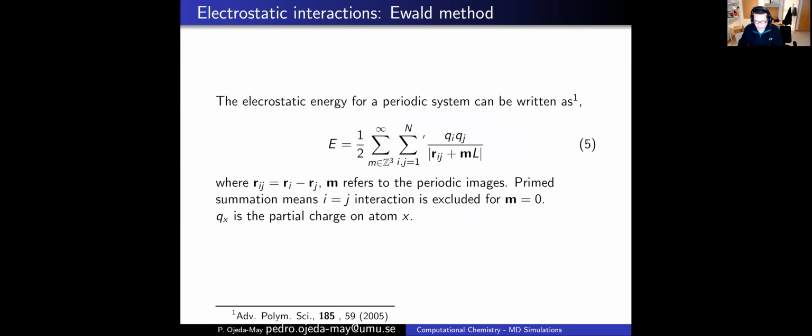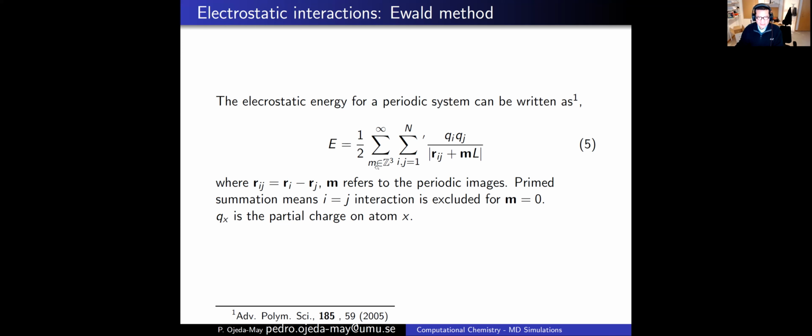So one important component in the molecular dynamics simulations is the long-range interaction part, specifically the electrostatic energy, because when we use a periodic system, we get this type of summation for the energy term.